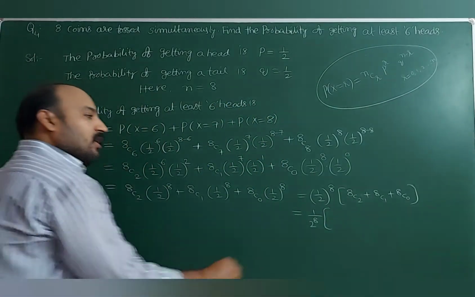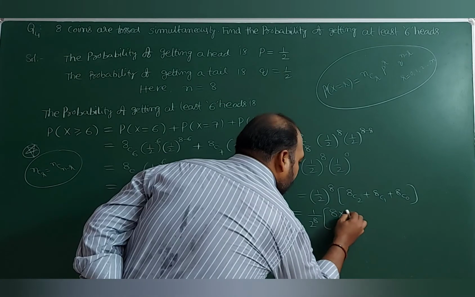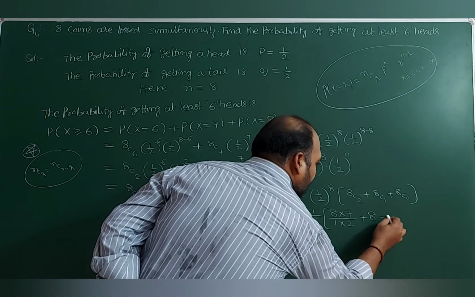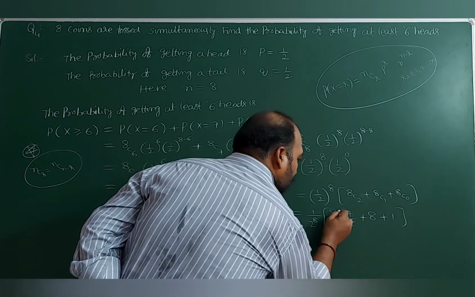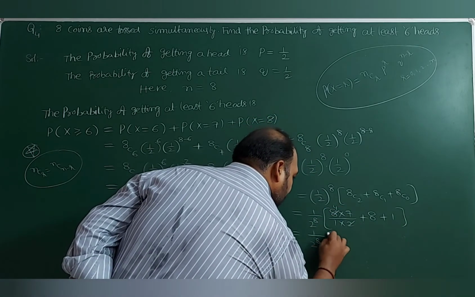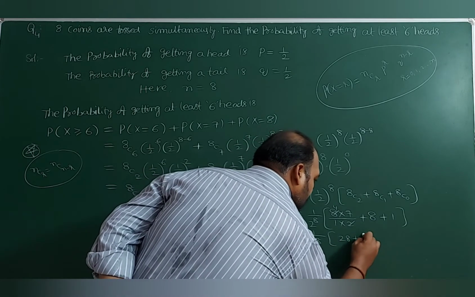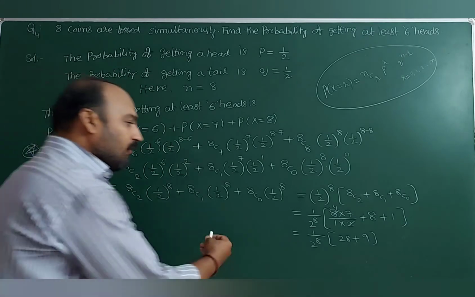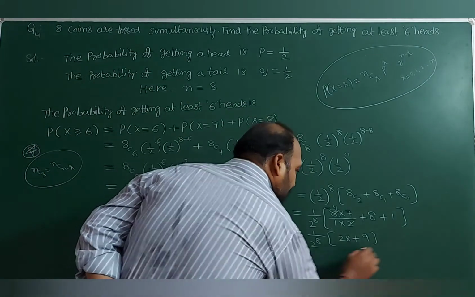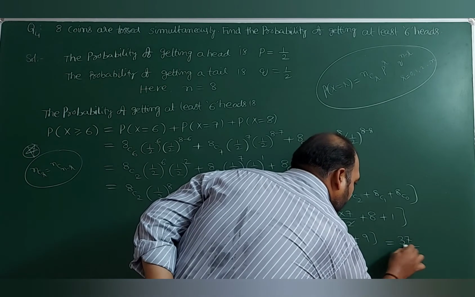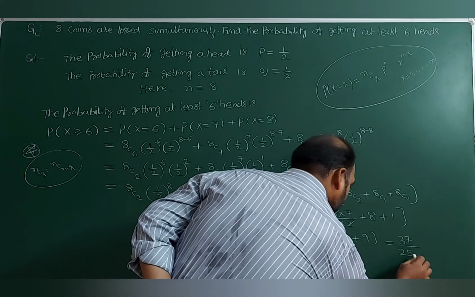So (1/2) power 8 times 8C2, that is 8 into 7 by 1 into 2, plus 8C1 is 8, 8C0 is 1. 2 fours are 8, so 28 plus 9, over 2 power 8, which is 256. 28 plus 9 is 37 divided by 256.